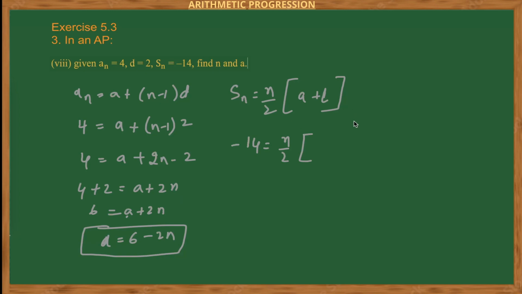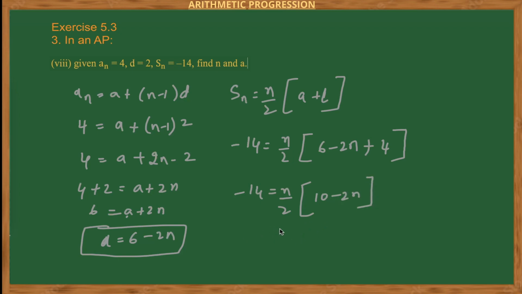Yes, we can replace a with this value, 6 minus 2n, and L is given as 4. So 14 is equal to n by 2 into 6 plus 4, which becomes 10 minus 2n.